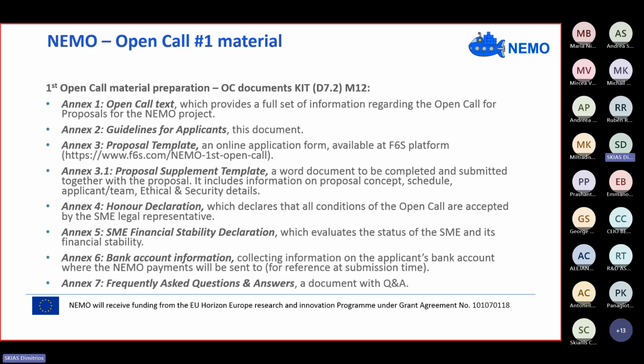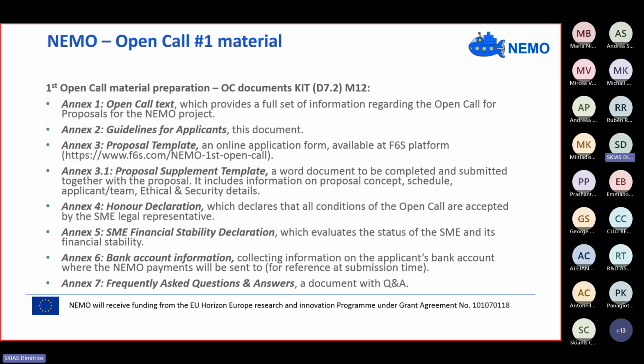It is quite important for you to have a thorough look at these documents available on the website, which will help you, on one hand, answer some questions and get more insights about the project itself and on the procedures that you have to follow in order to form a successful application.